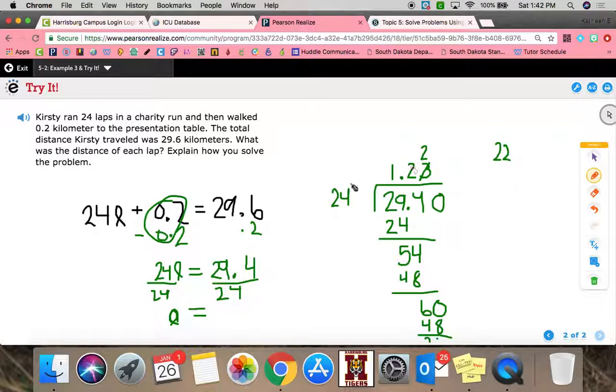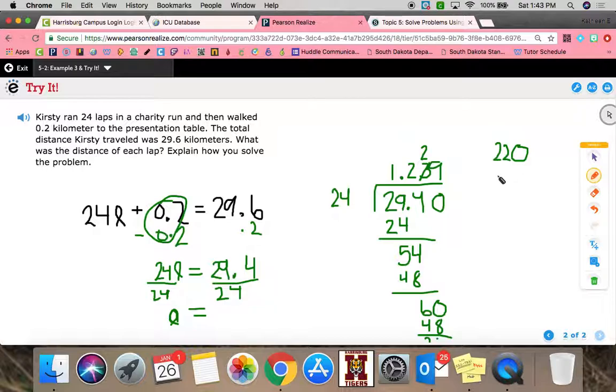12. Still can't put 24 into 12, so we'll put it into 120. So this is where, if I do it by 10, it would be 240. And then 240 minus 24 would get us probably in there. So we're going to put a 9 here.